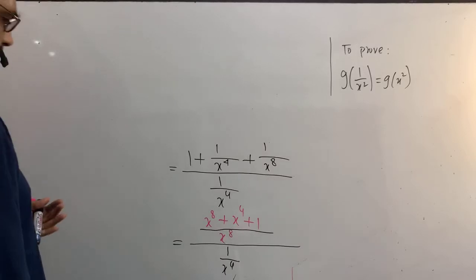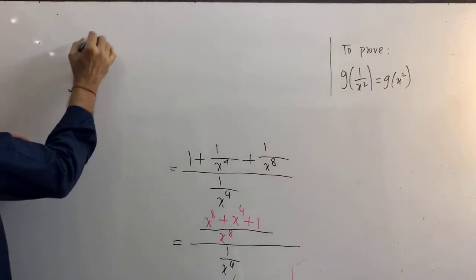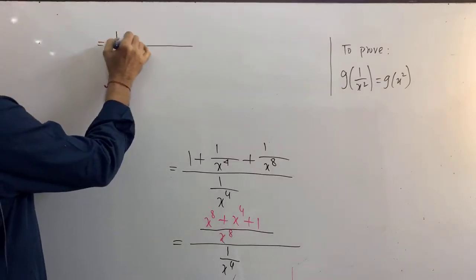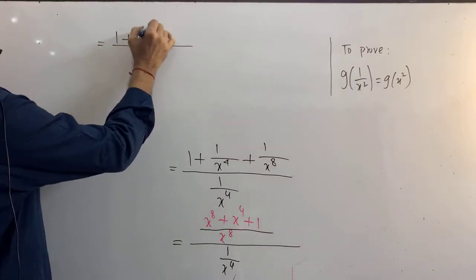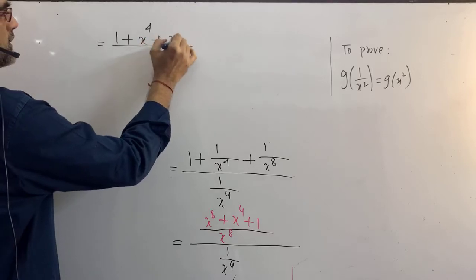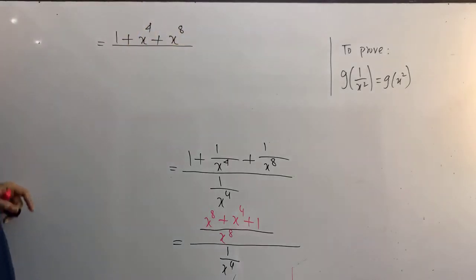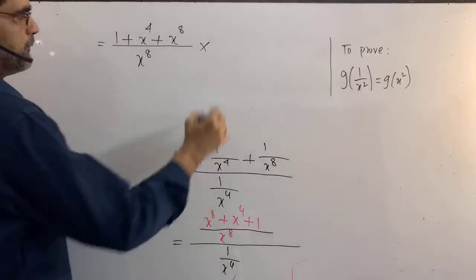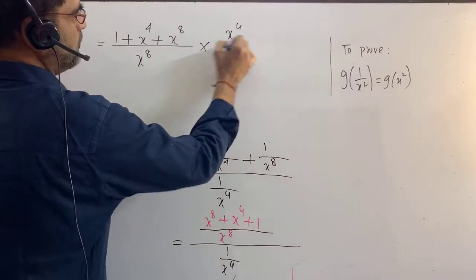Very easy and simple calculation that I told you. It is to be written, suppose in this way: we can write 1 plus x to the power 4 plus x to the power 8. I have rearranged the numerator, x to the power 8 into x to the power 4 by 1.